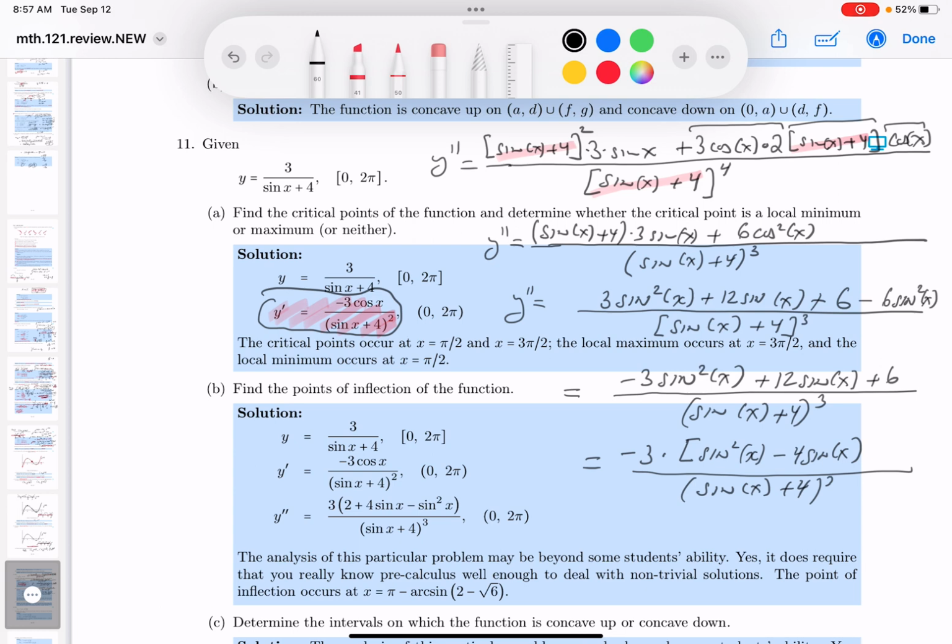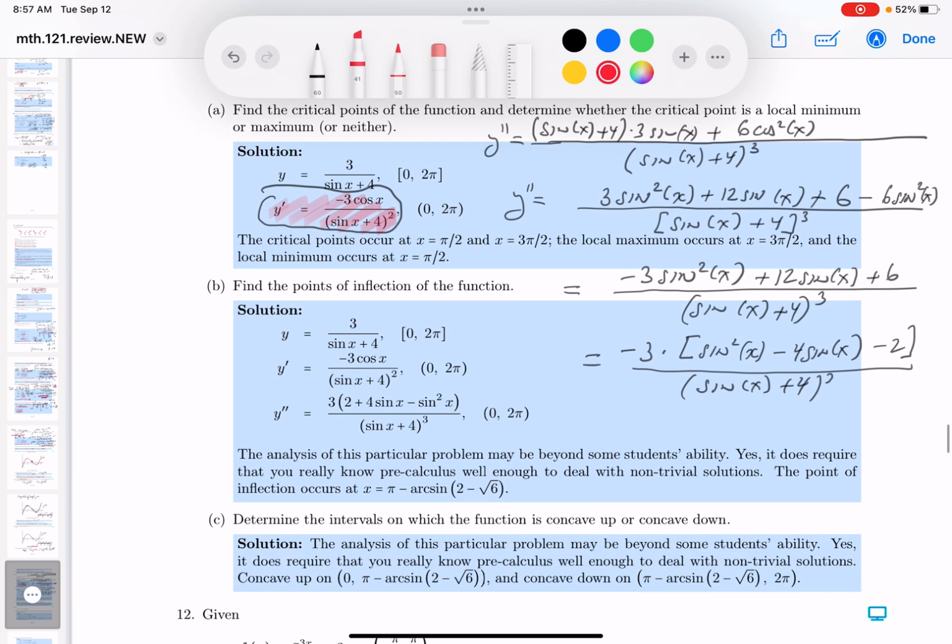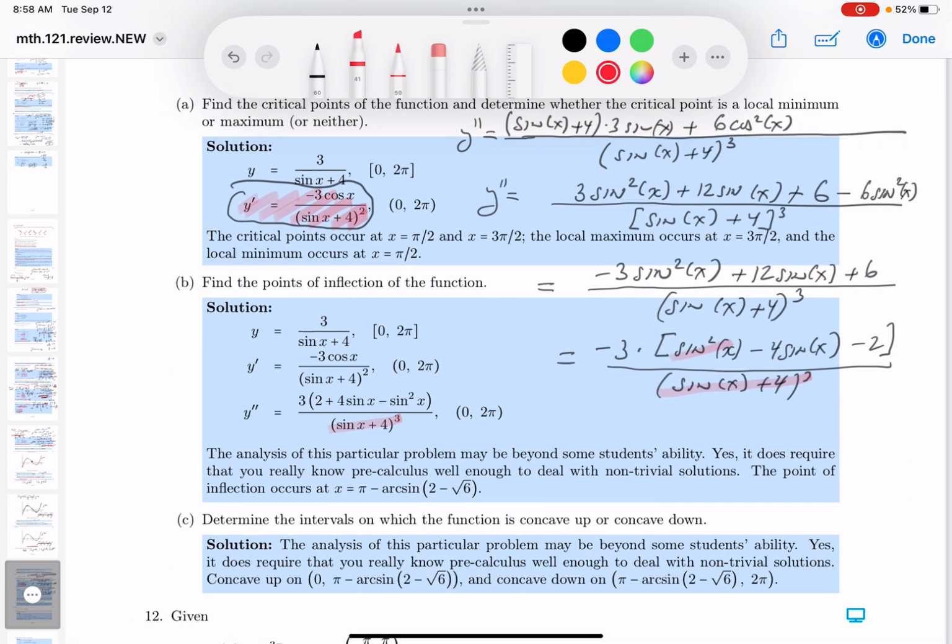You get plus 12. And then what do you get over here? Looks like minus 2. Now, before I go on, I just want to look at the key. I'm looking at this part here, and I got this one over here. That's a cube, by the way. I noticed that they put a 3, and I put a minus 3, so I factor out the minus 1. So I'm going to say, yeah, I got it. It's sine squared, minus 4 sine. Yeah, that's pretty good.